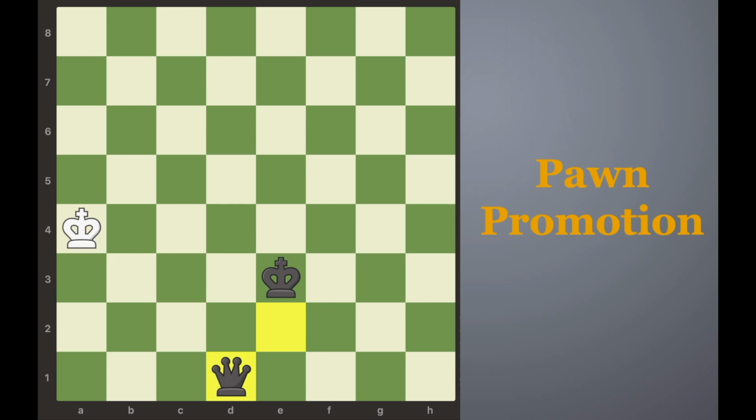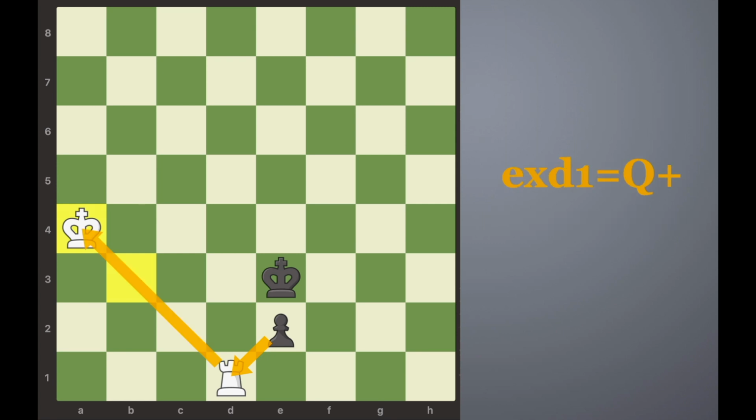So when the pawn is capturing the rook, it is promoted to queen and at the same time the queen will be giving a check to the king. So the notation can be written as exd1=Q+. Plus is added at the end of the notation because the queen is giving a check to the king.